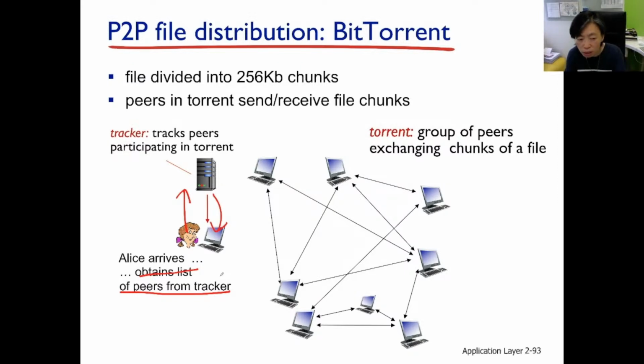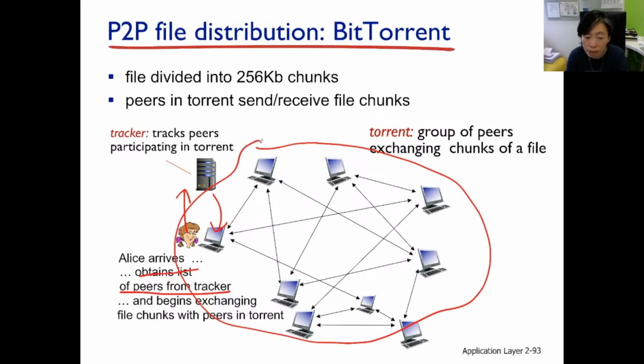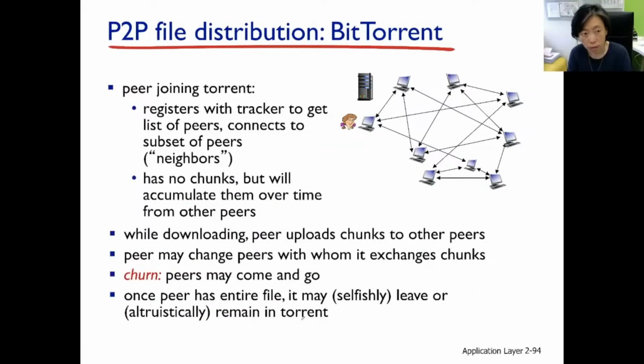This is the initial set of peers that Alice will connect to. Once Alice is connected to the torrent, she can explore other peers and establish connections to these other peers. So the tracker here is to bootstrap the initial joining process.